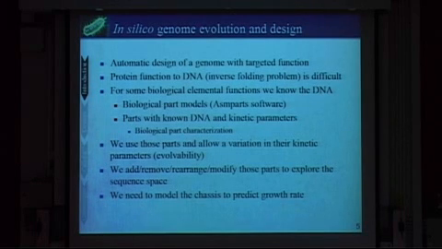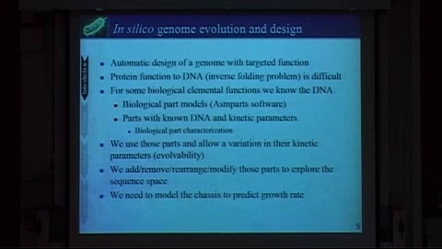Okay, so we would like to make automatic methods to design genomes with a targeted function. And the problem here is that the mapping between protein and DNA is difficult. Going from DNA to protein is pretty easy, you just do some similarity searches. But the opposite, the mapping from protein to DNA, is very hard.